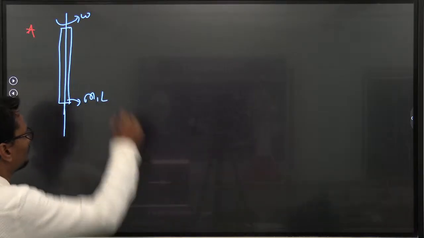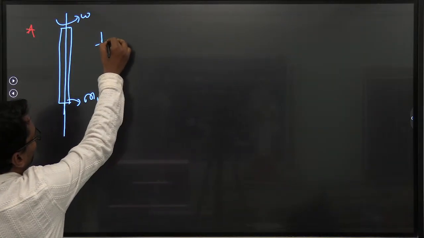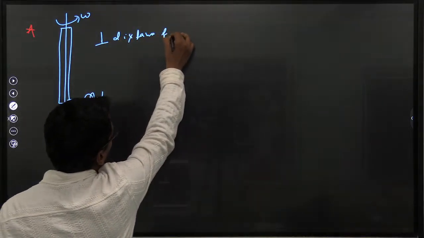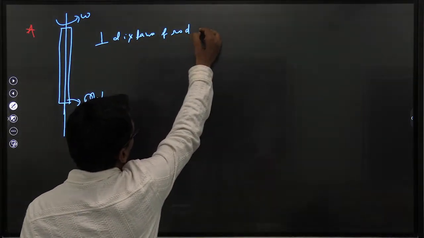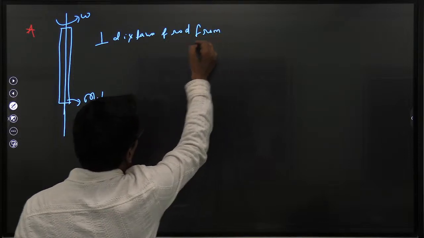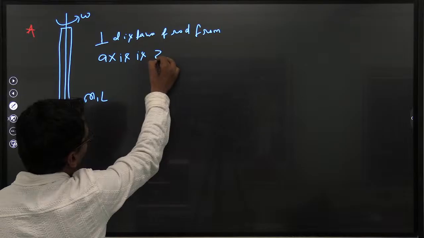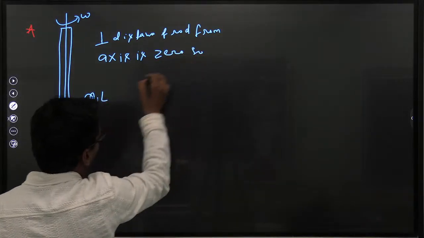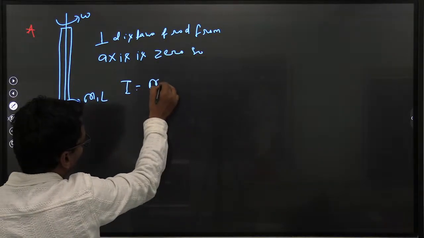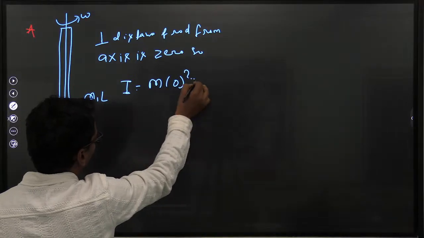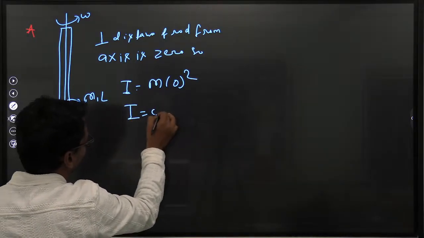Perpendicular distance of the rod from the axis is 0. So I is equal to m and the distance is 0, so 0 squared. So I is equal to 0.